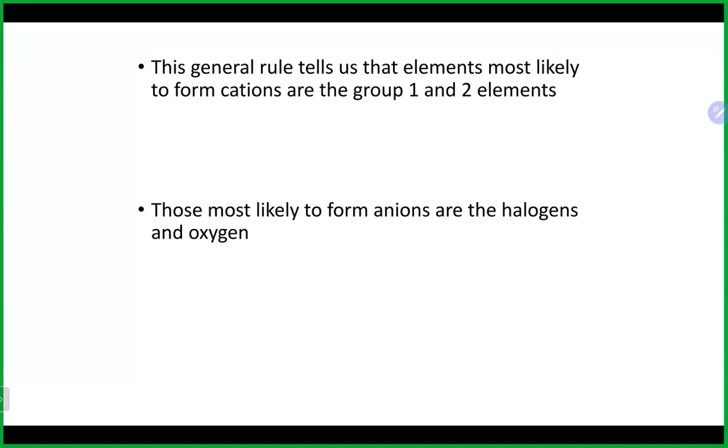So when 2 of those come together, neither one is going to give away their electrons, so they're just going to have to agree to share the electrons. That's why we end up sharing electrons when we get 2 nonmetals together, because of those periodic trends. That's why we get a transfer of electrons when a metal and a nonmetal get together on opposite sides of the periodic table.